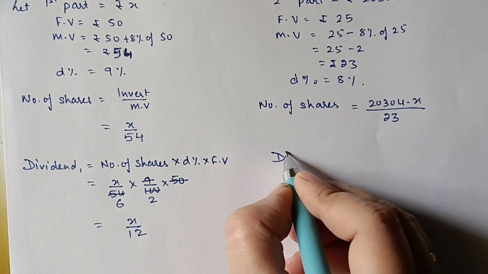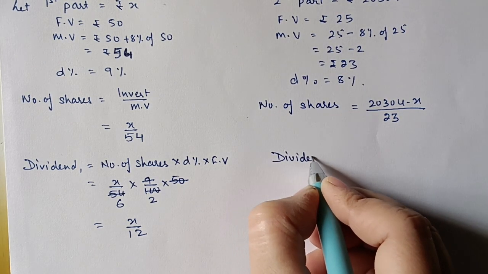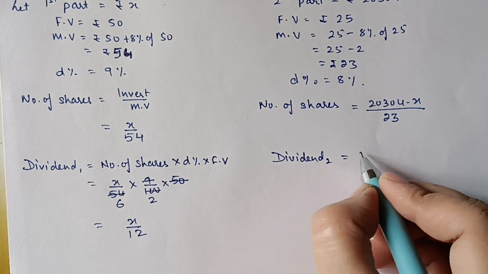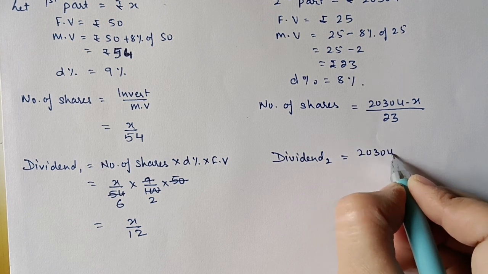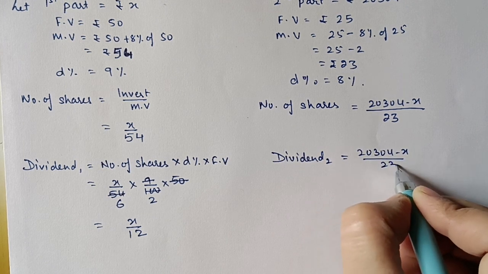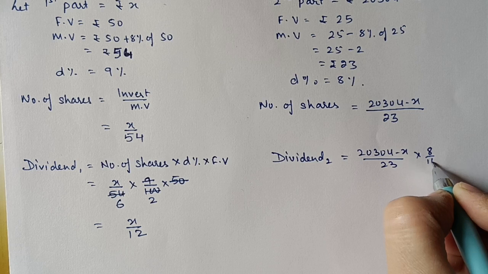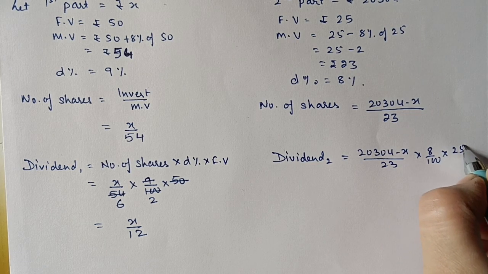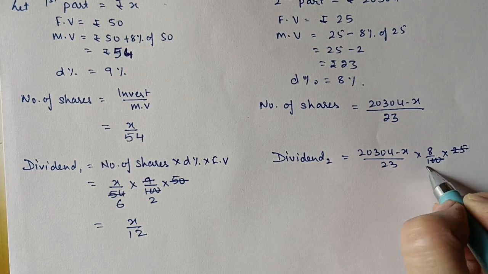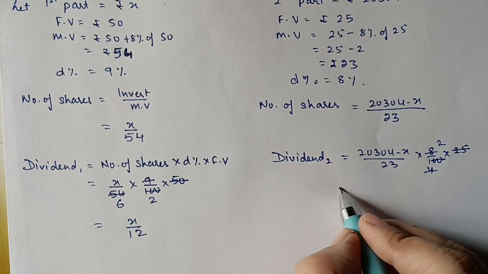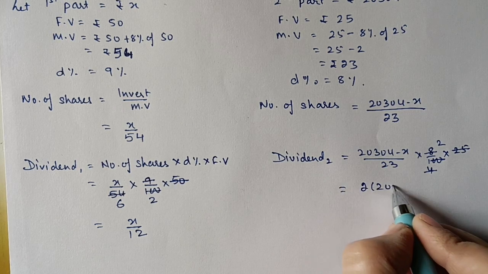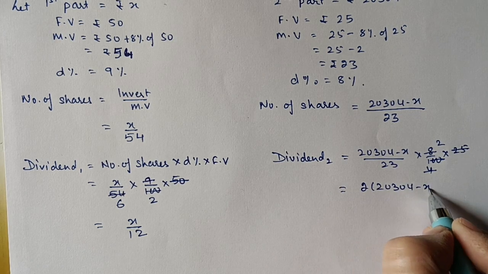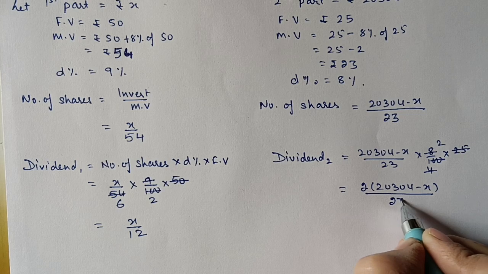From the second investment, dividend is number of shares into dividend percentage into face value. 25 4 and 4 2 ja, so 2 into 20304 minus x upon 23.